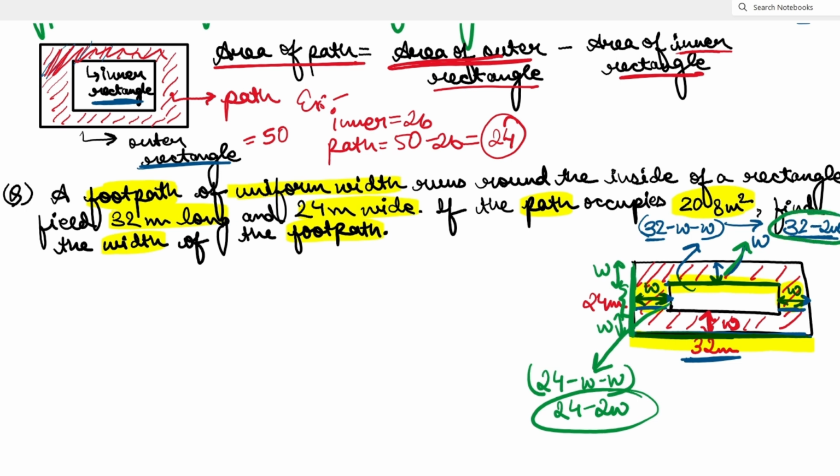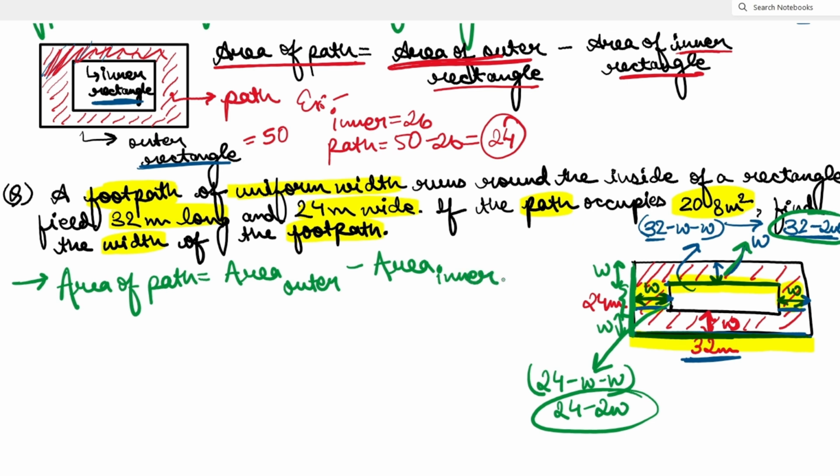Now, how will you calculate it further? I told you the area of the path. We know the formula: the area of the path is equal to the area of the outer rectangle minus the area of the inner rectangle. The area of the path is already given to me as 208.